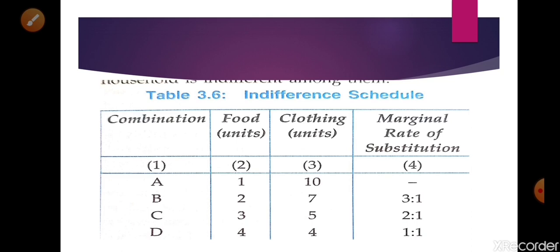Because in the indifference curve we have only two commodities, and if a consumer wants more quantity of commodity X, then he has to sacrifice some quantity of commodity Y. I hope you understood what MRS means. When a consumer sacrifices commodity Y to increase the consumption of commodity X, that rate is known as the marginal rate of substitution. It will become clear as we discuss further.